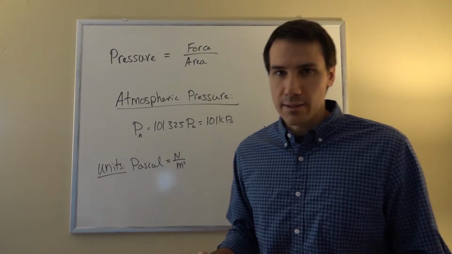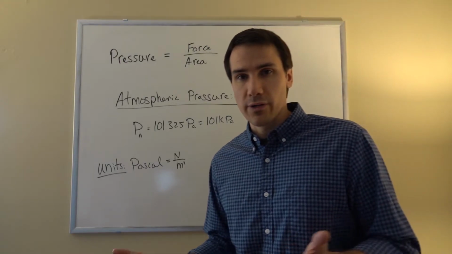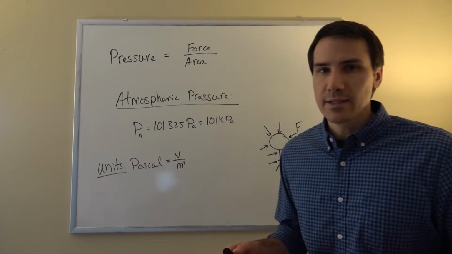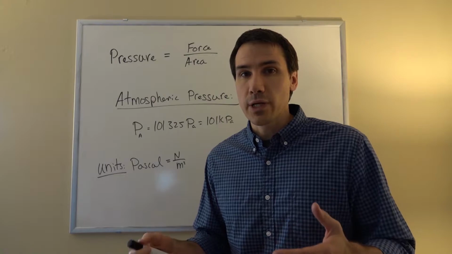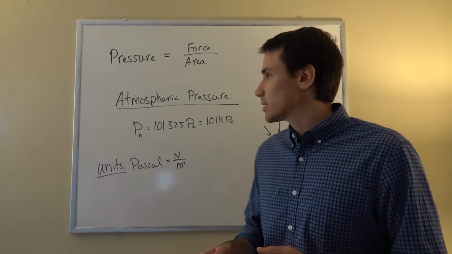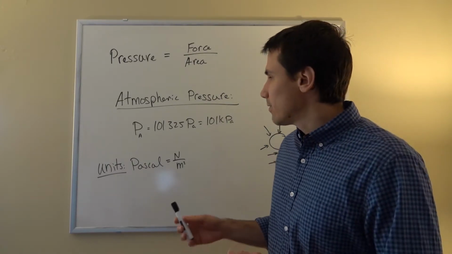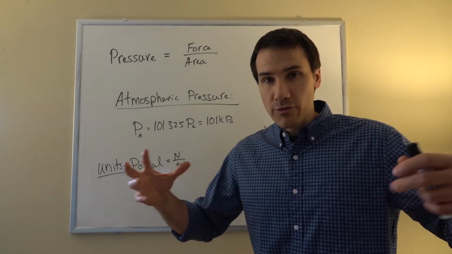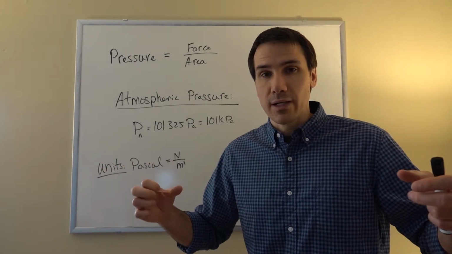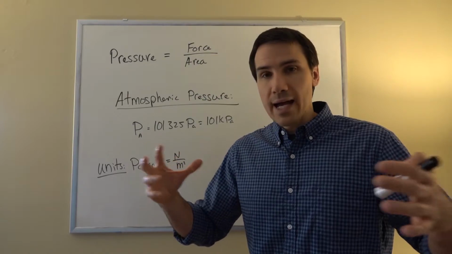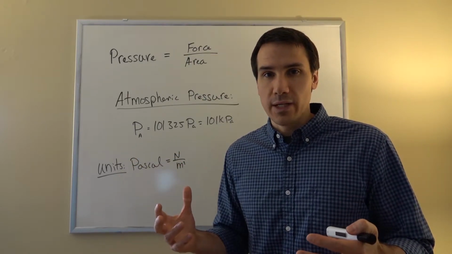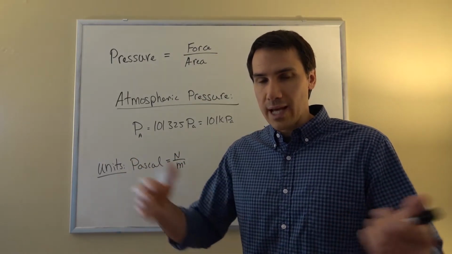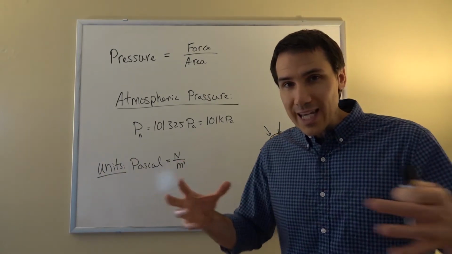Not only can objects apply pressure to other objects, but in fact, the atmosphere is applying pressure to you right now. There is something called atmospheric pressure, and this is the pressure, the force per unit area, of the atoms that make up the gas in your room right now, in the atmosphere in general, pushing in on you.